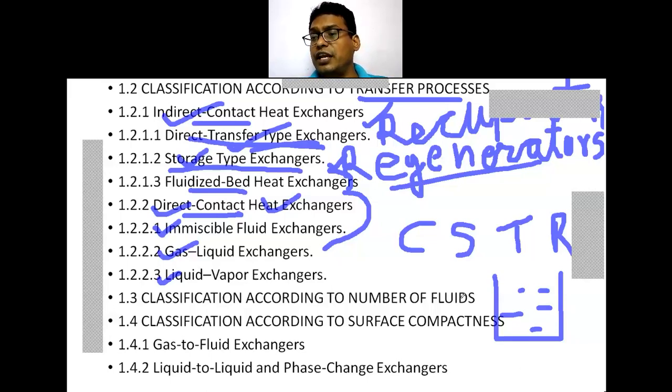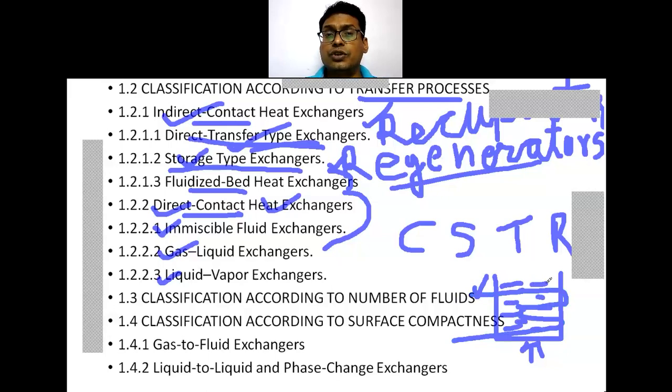However, there are certain indirect types also. There is a tube through which one fluid is passing, and another fluid or solid surface is passed outside this. So there is an indirect type also.